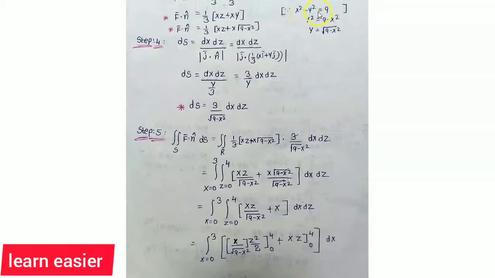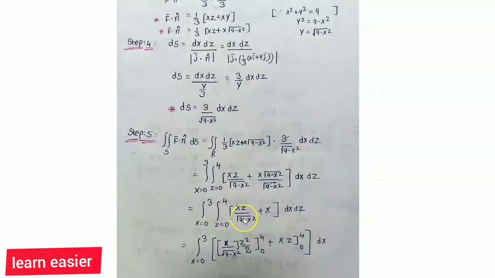After substituting y as 0, you get x square equal to 9, and then x is equal to square root of 9, which is 3. So you get the limits of x from 0 to 3. So the z limits are 0 to 4 since the question itself gives z from 0 to 4, and the x limits are found by substituting y equal to 0 in the surface x square plus y square equal to 9. Then you get the x limits as 0 to 3.